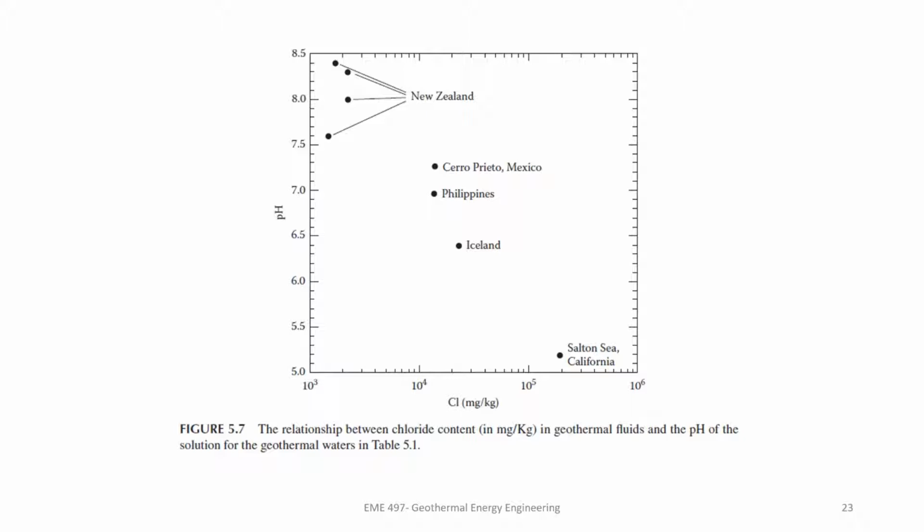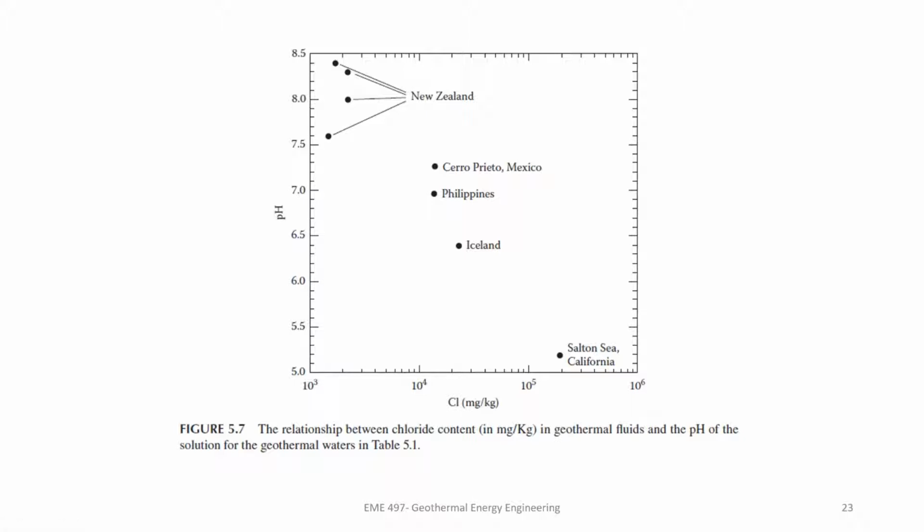Mexico and the Philippines have almost neutral pH values, with the Philippines having neutral, and they also have approximately 10 times the chloride concentration of New Zealand.